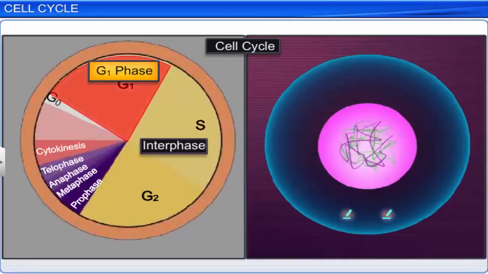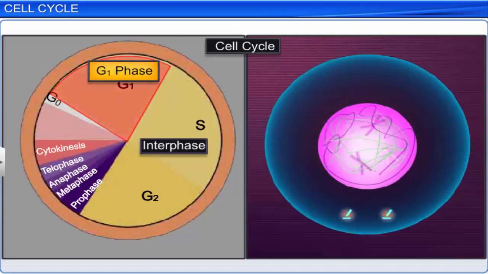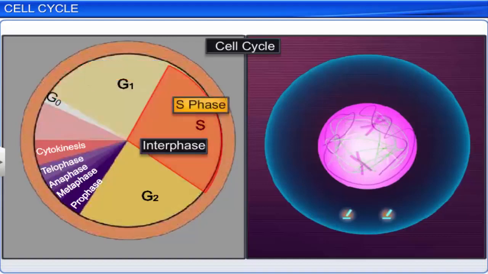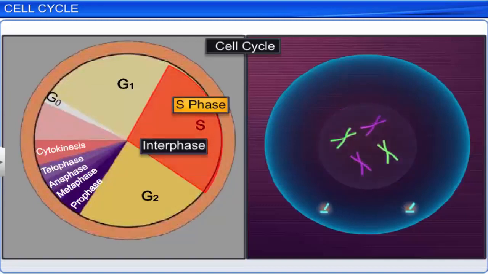During the G1 phase or the first growth phase, normal cell functions occur. The cell continues to grow and remains metabolically active, but the DNA doesn't replicate. In the S phase or synthesis phase, the DNA synthesizes or replicates, and the amount of DNA in the cell doubles without any increase in the number of chromosomes.